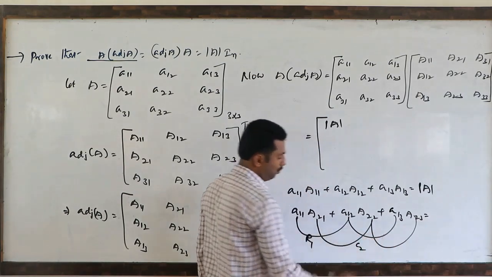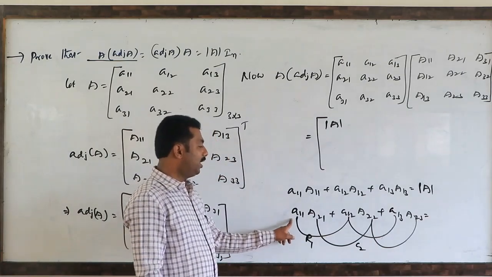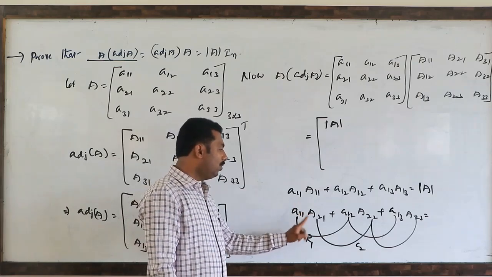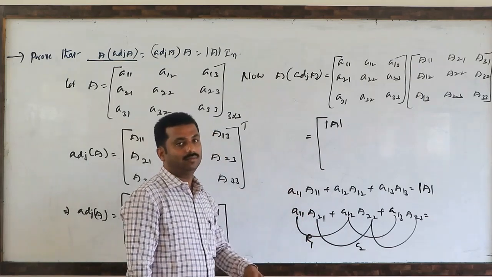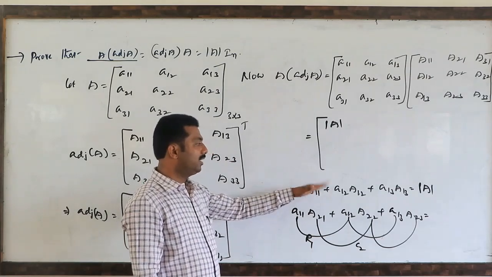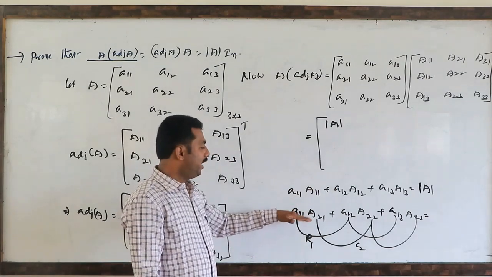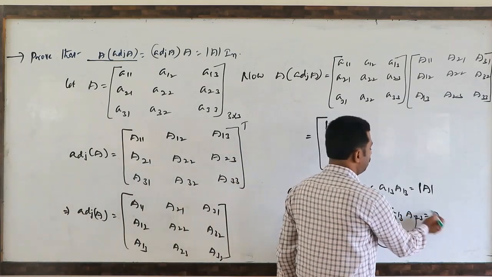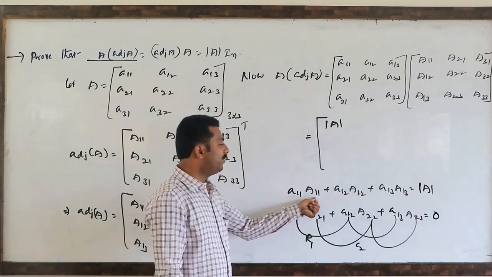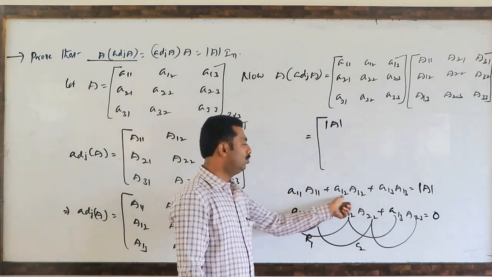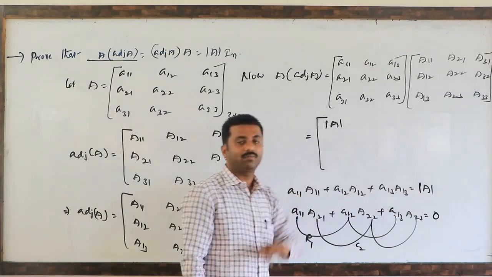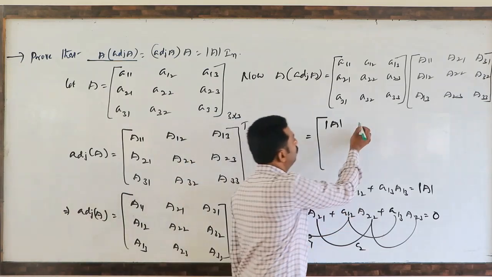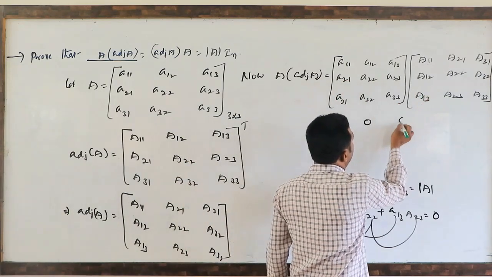The sum of the product of elements of any row of a square matrix with the cofactors of another row or another column is always 0. Same row, same cofactors gives determinant of A. Same row, other cofactors gives 0. So if the two suffixes are the same, it is the determinant; if they are not the same, it is always 0. So first row, third column is 0.